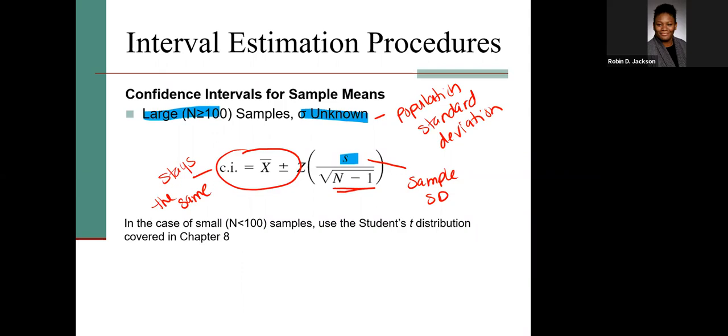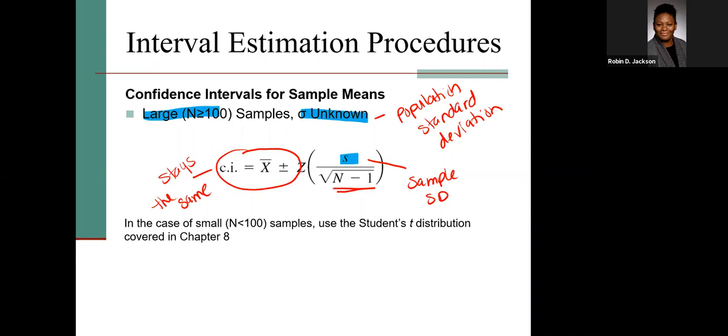Also don't forget, when you're solving for a confidence interval, you're going to have two separate numbers: the low end of the confidence interval and the high end.